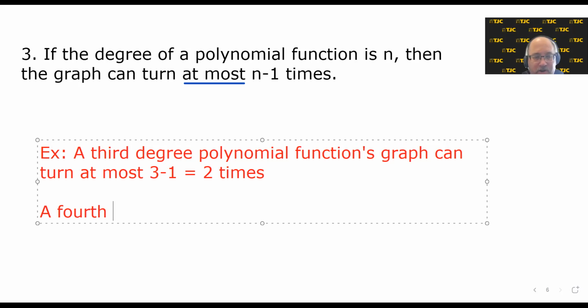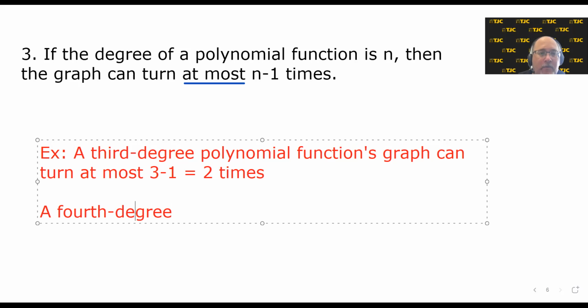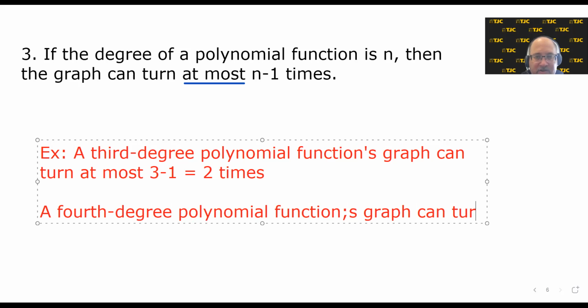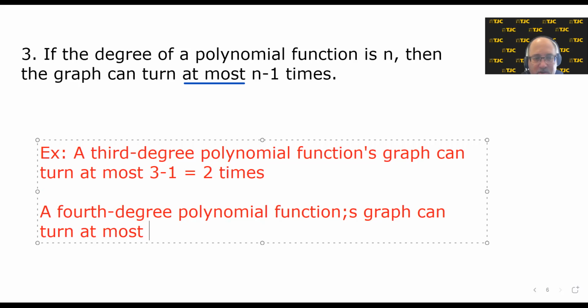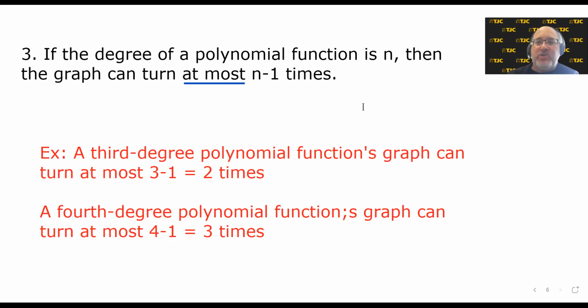A fourth degree polynomial function's graph can turn at most 4 minus 1 is equal to 3 times. So if you know the highest power, subtract 1, and that's the most number of times the graph can turn. I say most, but it doesn't have to turn that many times.